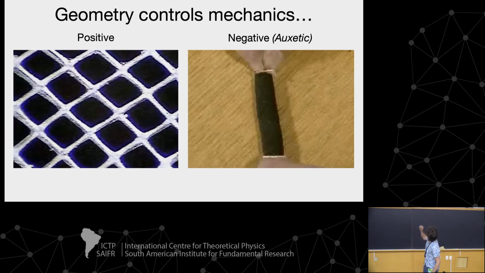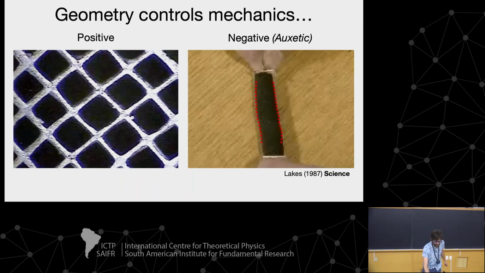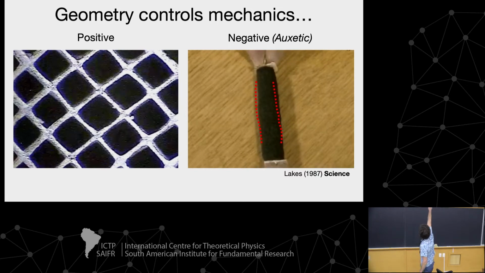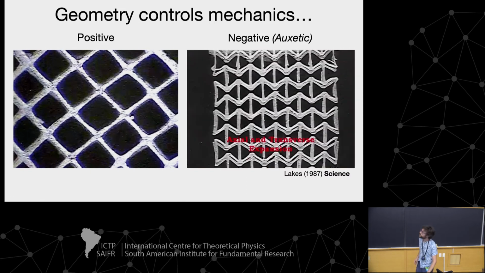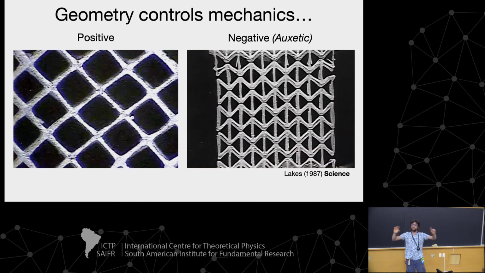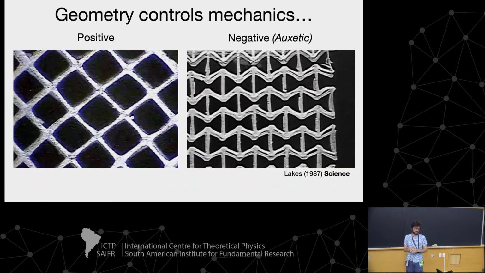And this is how Rod Lakes in '87 devised this foam. He had a very smart way to devise a foam that, when stretched, becomes fatter on the side. The intuition we had on the slide is very similar: you have these internal rotations that give the effect that you want.